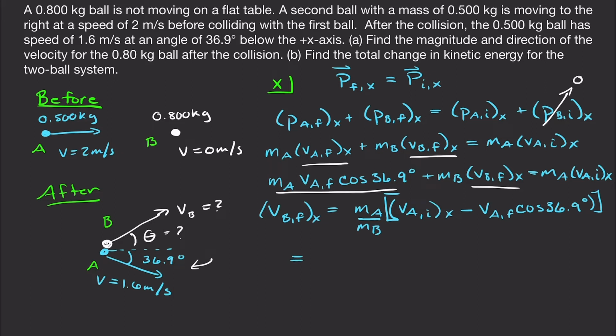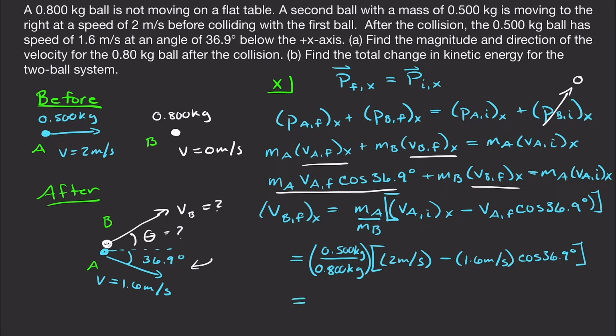So when I plug that in, I'll get the mass of A over the mass of B, which is 0.5 kilograms over 0.8 kilograms, times the initial velocity of A in the x direction, but it's all in the x direction initially for ball A, and then minus the final velocity, 1.6 meters per second, times cosine of 36.9 degrees. And when we plug that in, we get 0.553 meters per second.